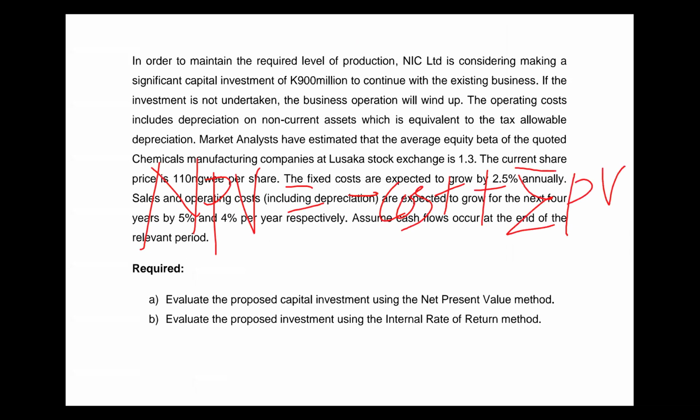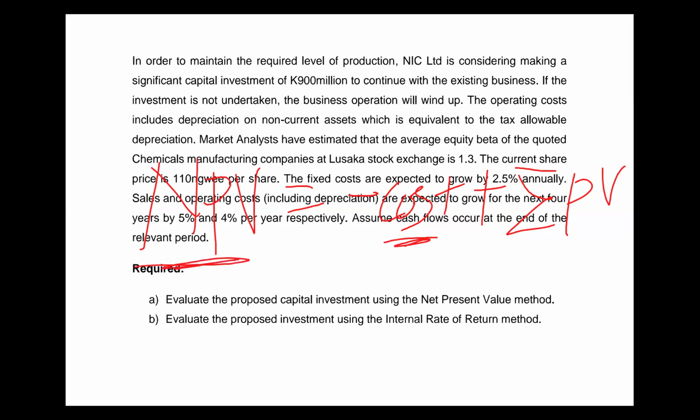So what you need is the cash flows in the future, and then discount them, bring them to the present. From their total, you should deduct the cost of the investment, which is 900 million. Then what you have is the net present value.